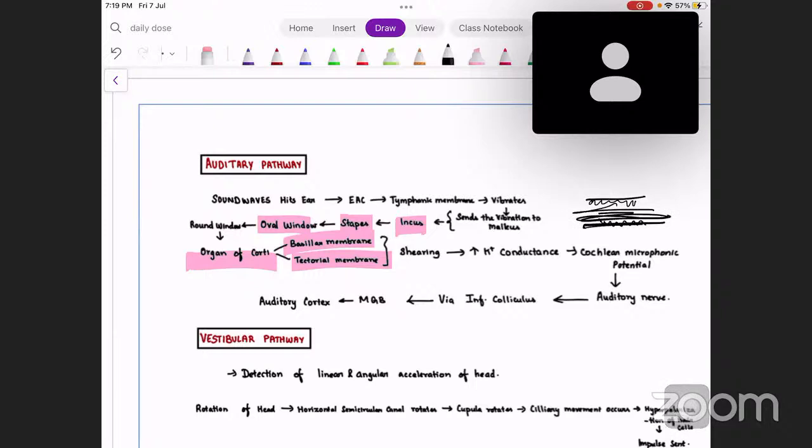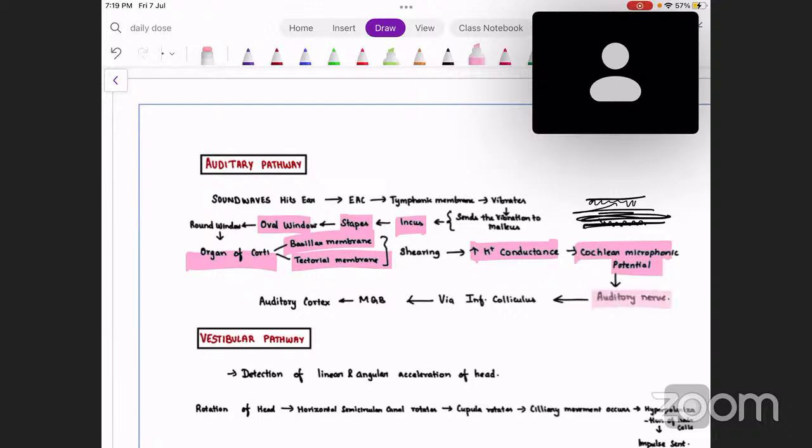Once they shear, it produces potassium conductance. Whenever there is an increase in potassium conductance, there is generation of potential, right? Yes or no? Your cochlear microphonic potential will be generated.